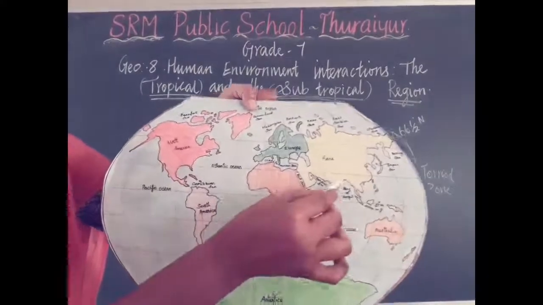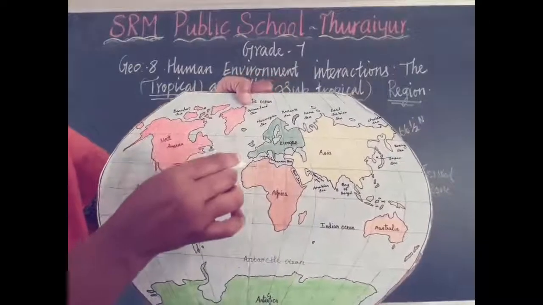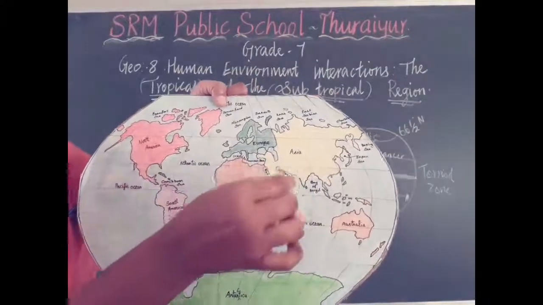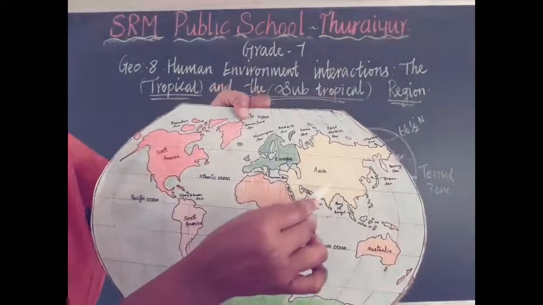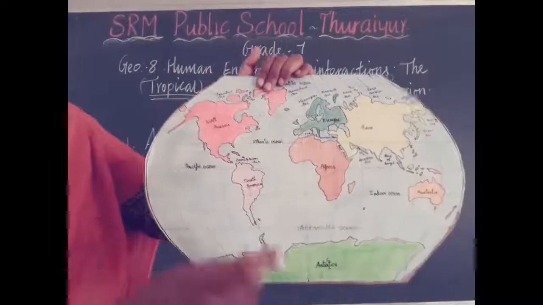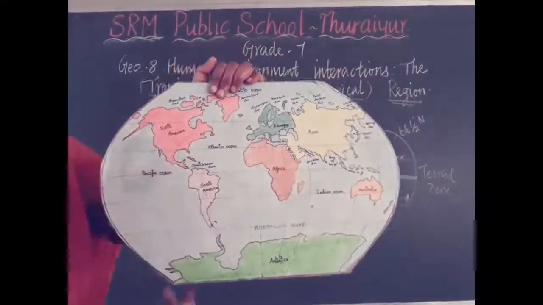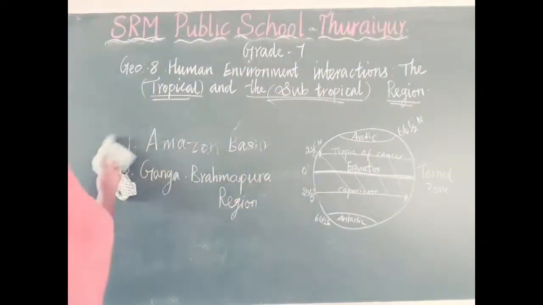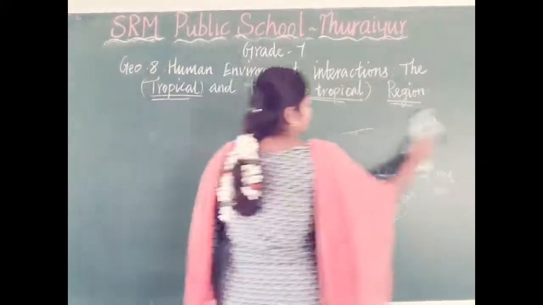India is located between the Tropic of Cancer and the equator. Here in India we have the Ganga river and the Brahmaputra river. In South America we have the Amazon river. In this lesson we are going to discuss the Amazon river and rainforest, and the Ganga, Brahmaputra and its tributaries.